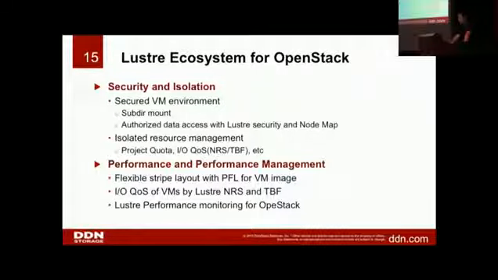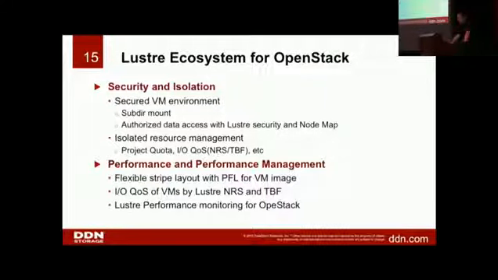We can probably support a QoS feature for each VM, because we know the client UID and the job ID, so we can assign the job ID to the KVM process. Then we can control the VM's I/O performance by the network request scheduler and the TBF. So again, that is the performance management stuff.